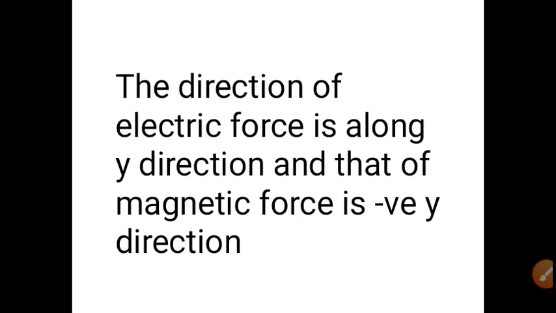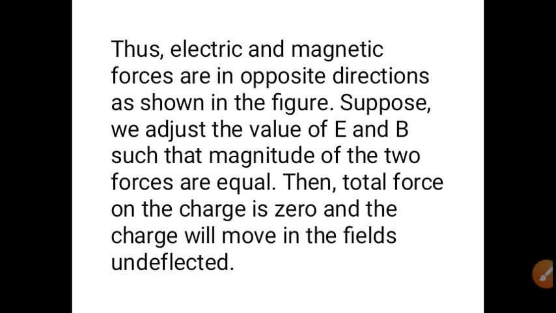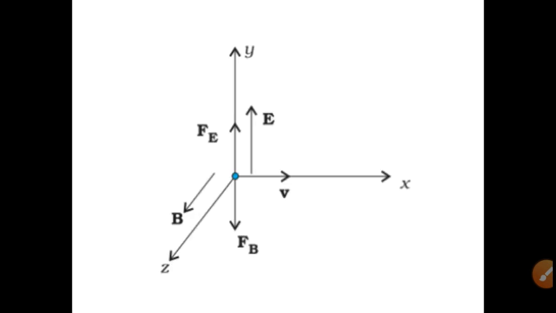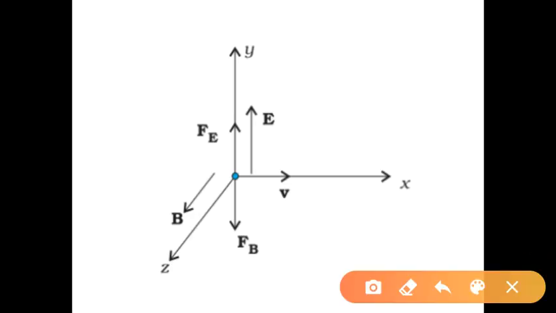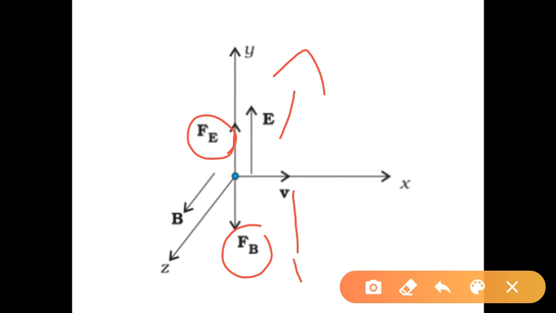The direction of electric force is along y direction and that of magnetic force is along negative y direction. Thus, electric and magnetic forces are in opposite directions as shown in figure. Here you can see electric force is along positive y direction and magnetic force is along negative y direction.